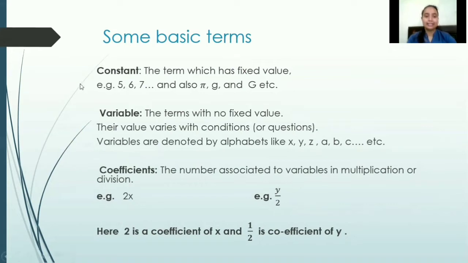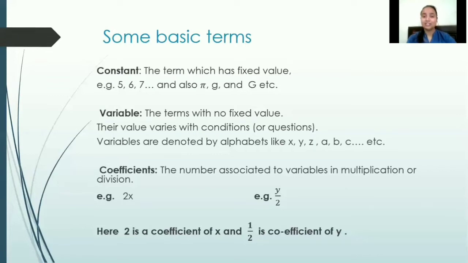Also the terms like pi, g, capital G, what are these? Whenever we try to find the area of a circle, remember we take pi equals 22 by 7 or 3.14. This pi also has a fixed value, that's why it is also constant.